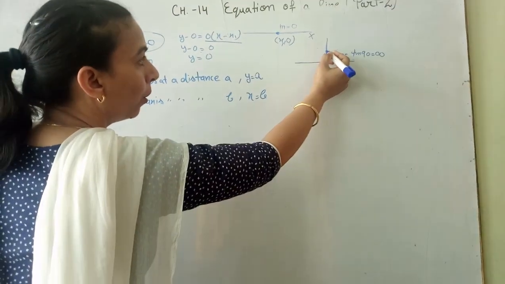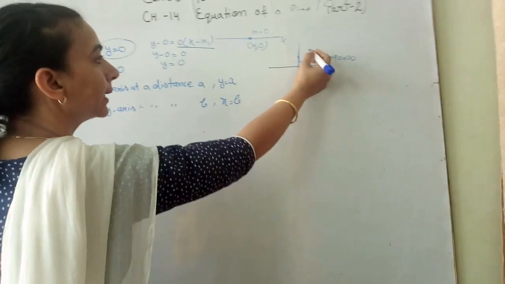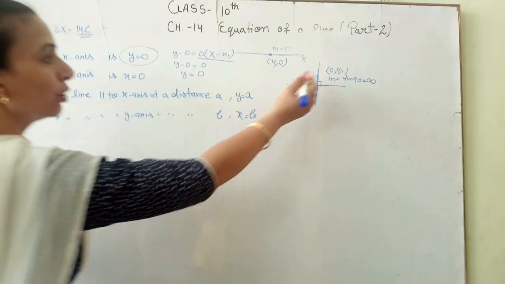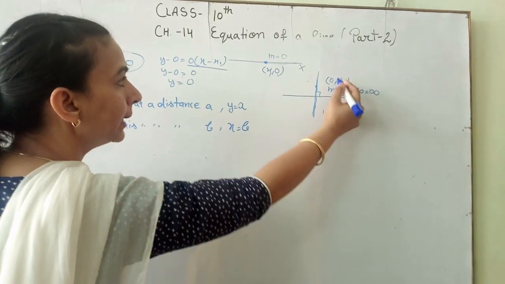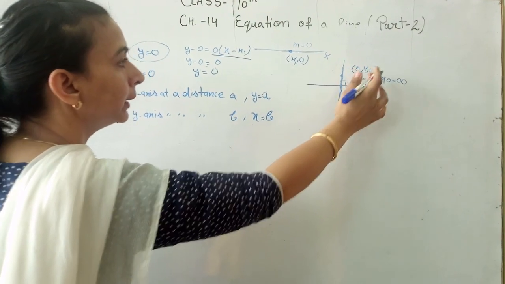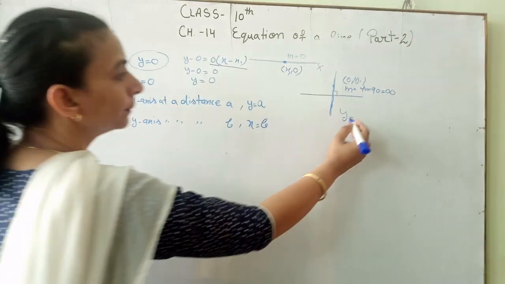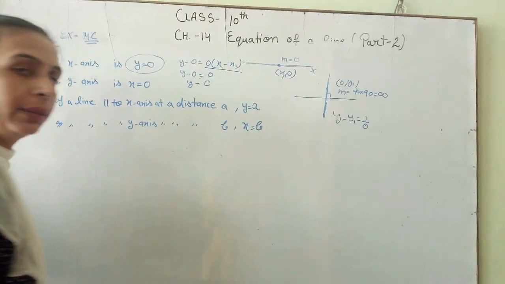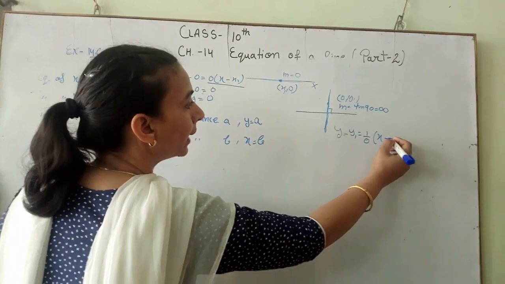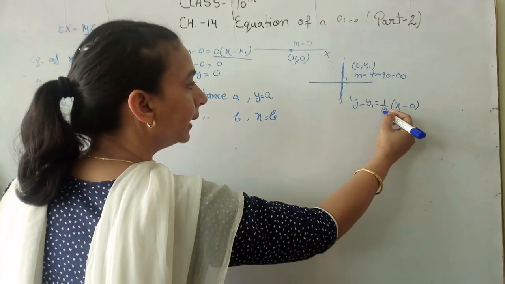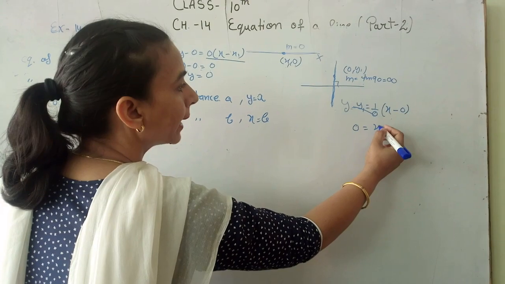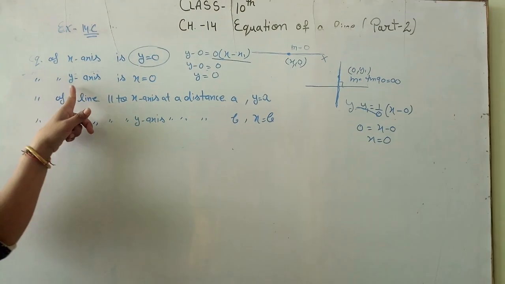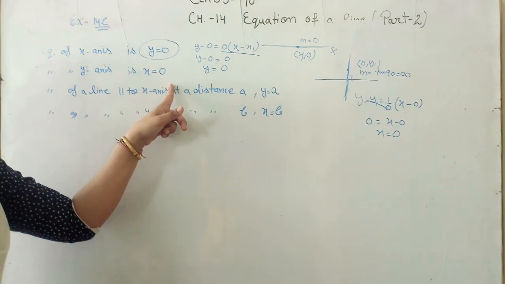And any point on the y-axis is of this type, (0, y1). Then the equation is y minus y1 equal to slope infinity, we take infinity as 1 by 0, times (x minus x1), and then the left term is 0, x minus 0, so x equal to 0. Equation of the y-axis is x equal to 0.